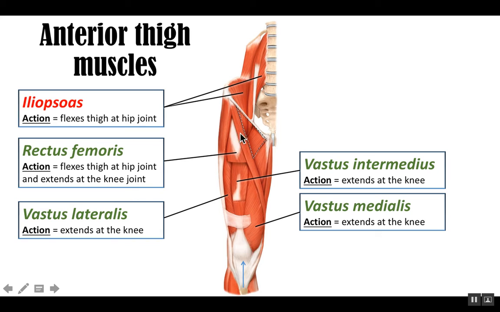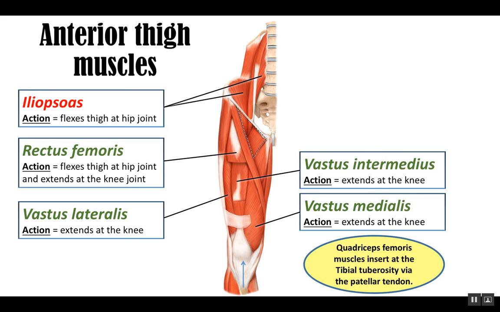They don't cross the hip joint, so they are not hip flexors, but they are knee extenders. They straighten your knee out. They extend the knee. So the quadricep muscle group inserts at the tibial tuberosity via the patellar tendon or patellar ligament, which is right here.